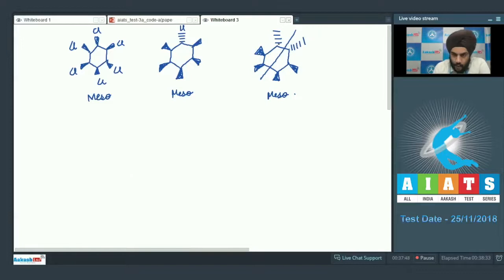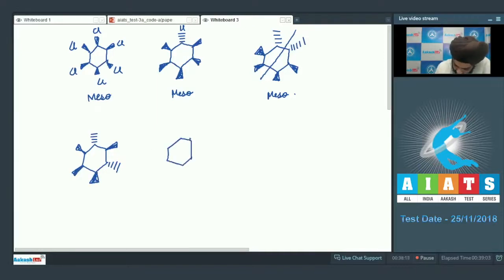So in case of two chlorine atoms going away from us, this was a 1, 2. We can have a 1, 3. We can have a 1, 4 as well. So this was the 1, 3.